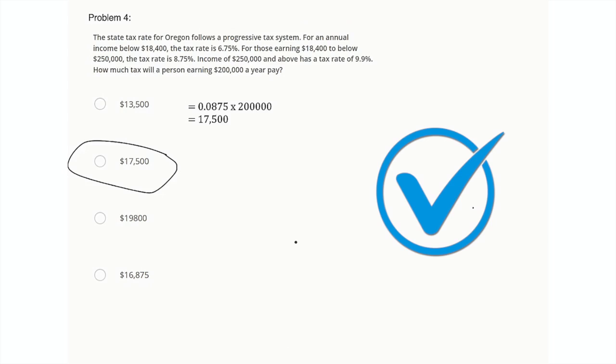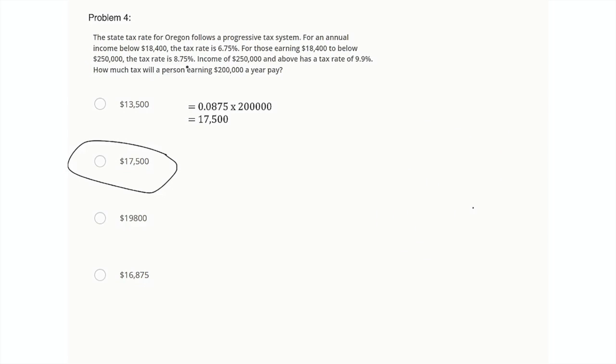So I hope that makes sense. Just remember, the trick is thinking about 8.75% as a decimal, 0.0875, because it's 8.75 divided by 100, right? Percent is divided by 100. So 0.0875 times 200,000 will give us, again, 17,500.